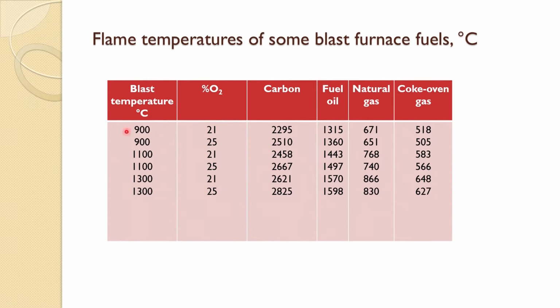If the blast temperature is about 900, with oxygen, which is just normal air, and carbon is the fuel, let us say only PCI injection is there, then your flame temperature would be around 295.